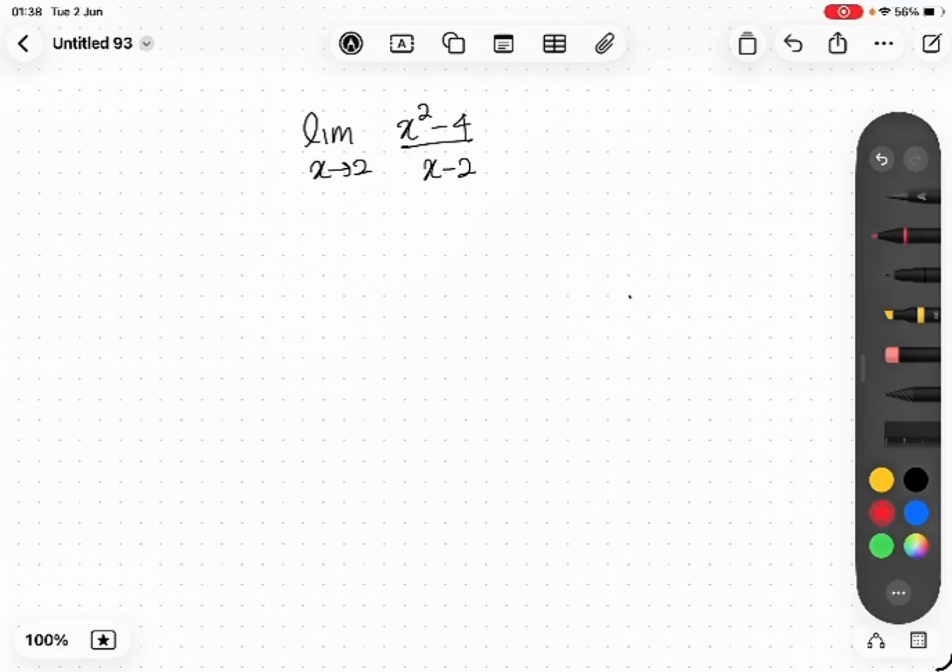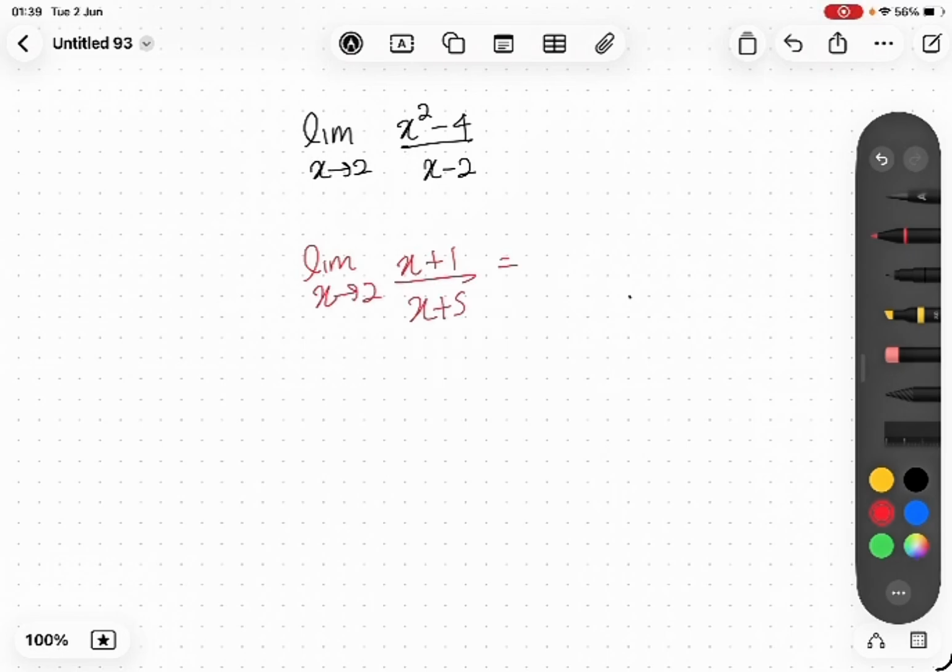Now, I told you in the last video that when it is a linear equation, we can go for a direct substitution, right? But still, we can go for direct substitution even for these kinds of fancy limits, like the limit of (x plus 1) over (x plus 5) when x tends to 2.